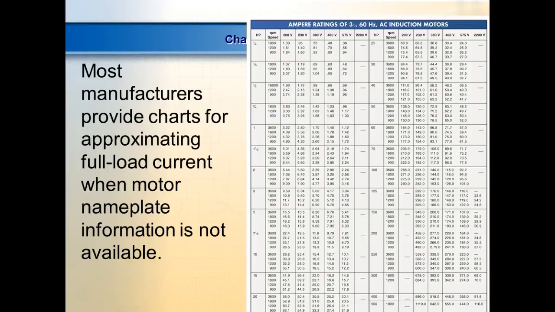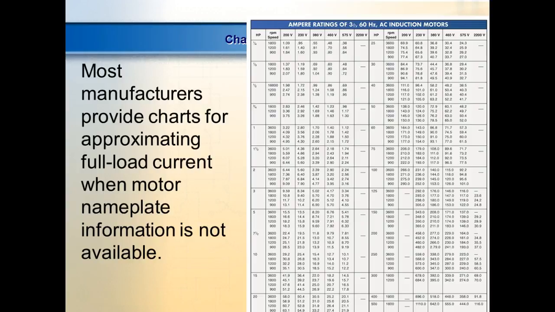By the way, induction motors will never, ever run at the same speed as the field. The field is rotating around the outside, and to induce a voltage into the rotor, you have to have a difference in frequencies, right? You understand that? So on an induction motor, the rotor will never run at the same speed as the field.